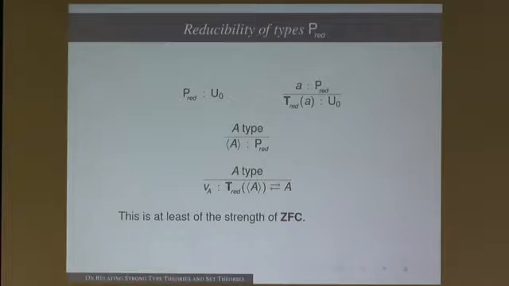Yeah, and this is a type theory which, if you introduce such a reducibility type here, is pretty strong. It has at least the strength of ZFC.